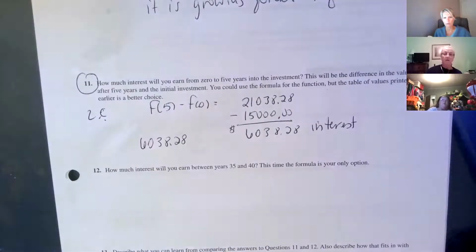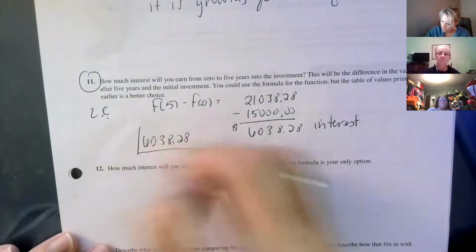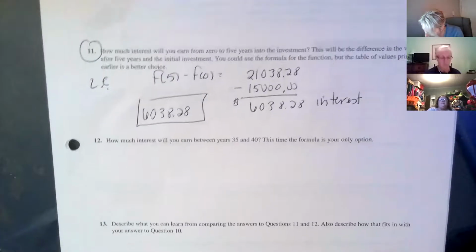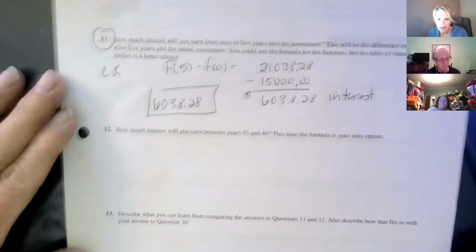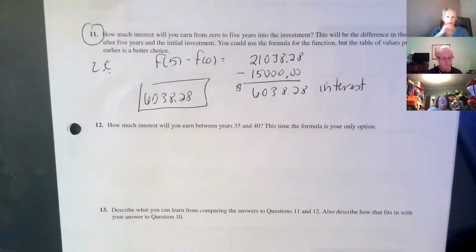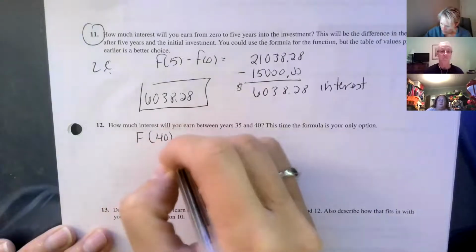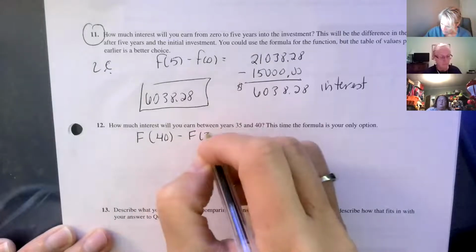I think I put both would be allowed. And then number 12 is saying, how much interest will you earn between years 35 and 40? So I'll let everybody get working on that. So that's the function at 40 minus the function at 35.